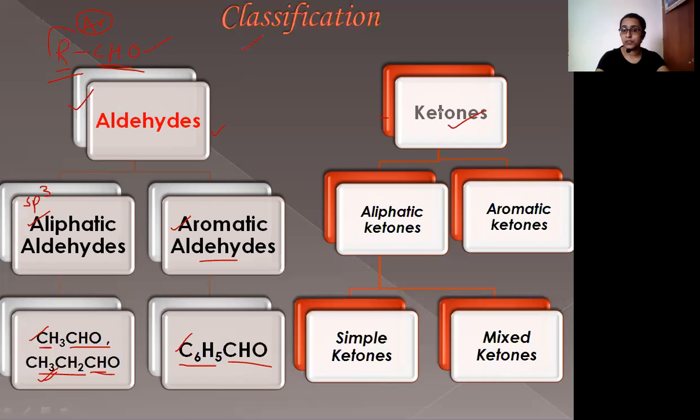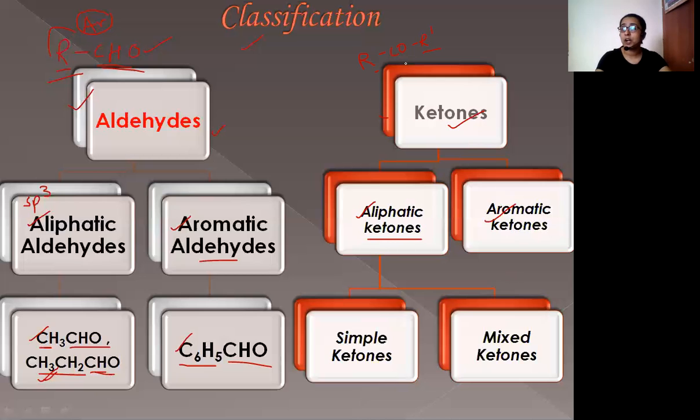How are ketones classified? Again, ketones are classified on the basis of R and R dash present. When R and R dash are alkyl groups, they are known as aliphatic ketones, and whenever R and R dash or one of the R and R dash is an aryl group, or we can say whenever the carbonyl group or ketonic group is directly attached to an aromatic ring, at that time it is known as aromatic ketones.